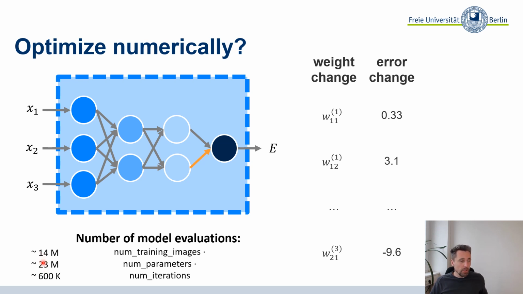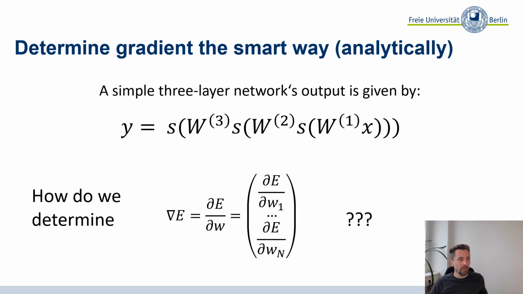But we don't have to do it only for those 23 million parameters. No, we have to do this 14 million times for only one step. And then we have to do many hundreds of thousands of steps so we can reach this minimum. So this is just too much.